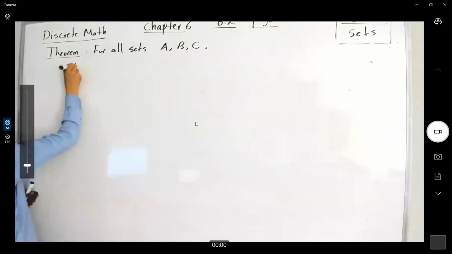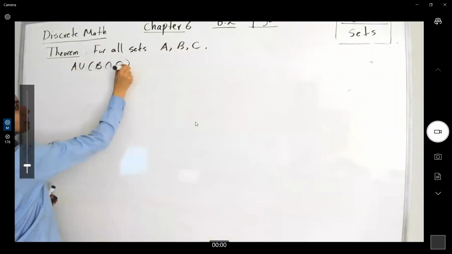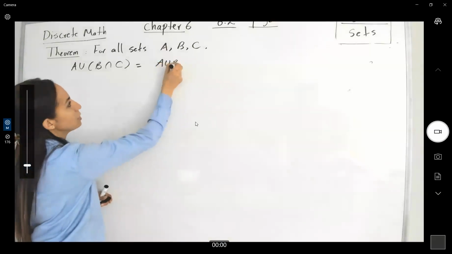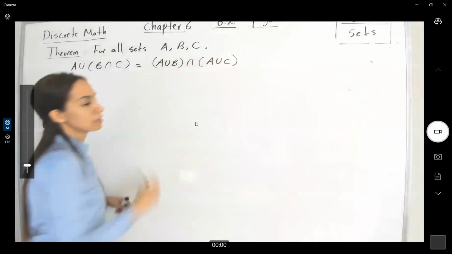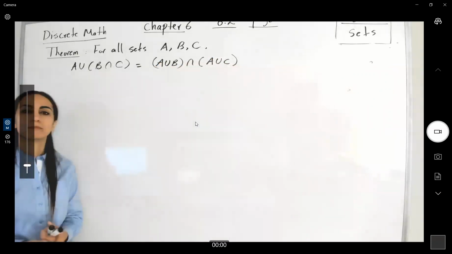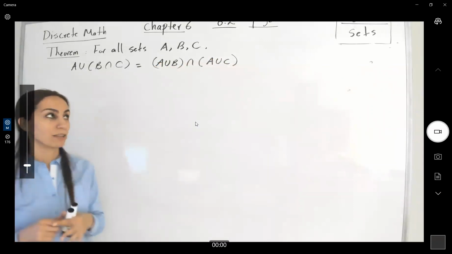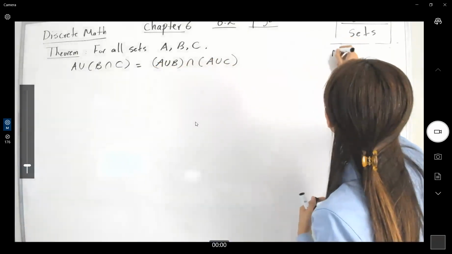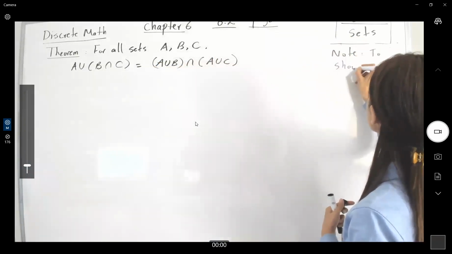A union with B intersection C is equal to A union B intersection A union C. Okay, proof. We want to show that two sets are equal to each other. Note that. Let me write this note for you, to show two sets.